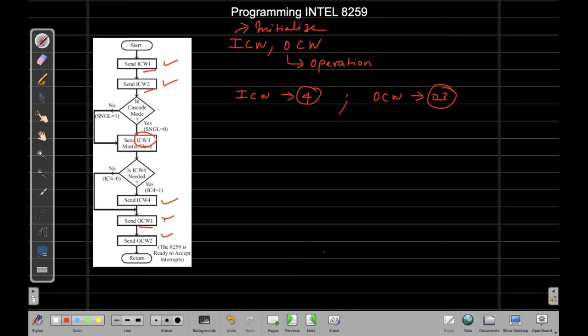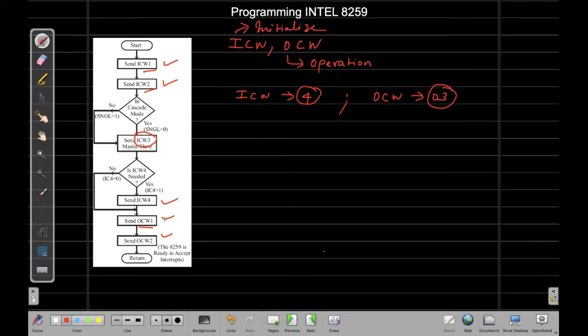The purpose of the operational control word is this: as you are executing ICWs, as you are initiating the programming of 8259, if you wish to change the status of some control bits, it can be done only by sending an OCW. Once ICW is sent, I cannot modify the content of ICW. Say halfway through a particular application, you need to change the control status of a particular signal.